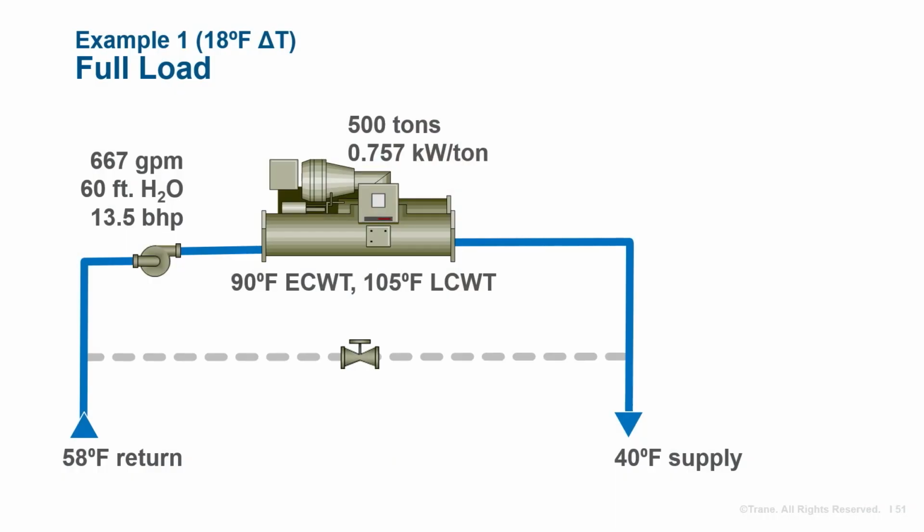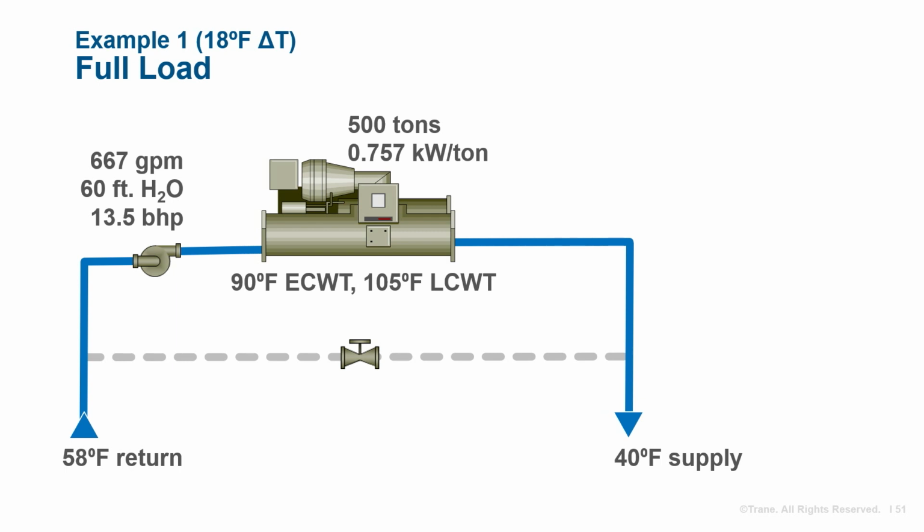In this example, we have a single 500-ton chiller selected at 40-degree chilled water supply temperature and a 58-degree return. The condenser conditions are 90-degree entering the chiller and 105-degree leaving.